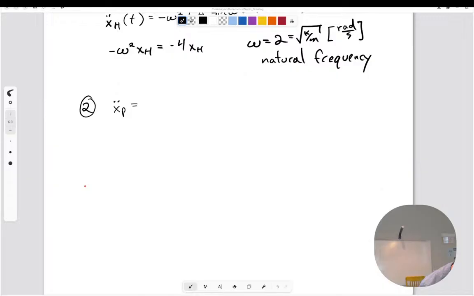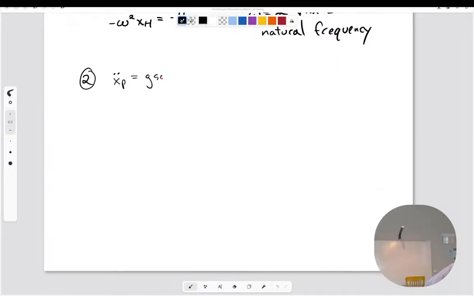What do we want? G sine theta. Oh yeah, this one's 4. How do we solve this equation? The second derivative is equal to a constant minus 4 times the function.